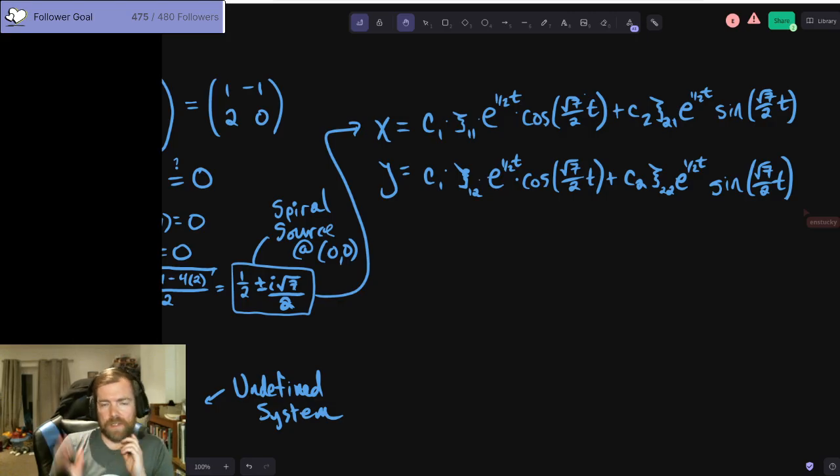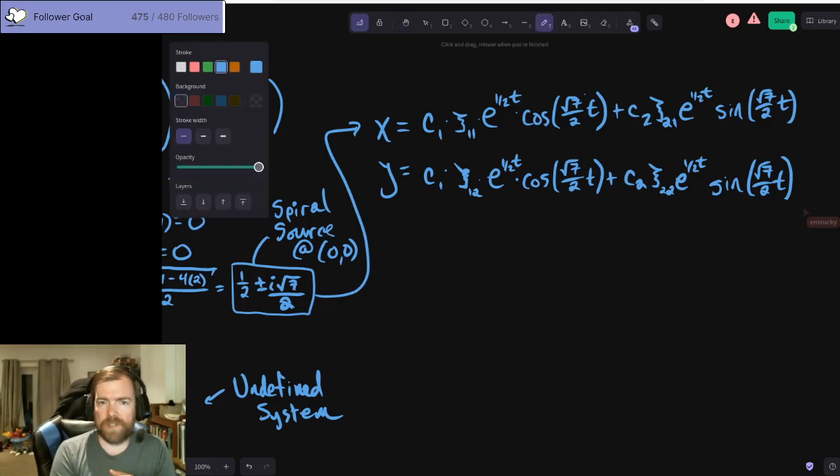Right, so this is the approximate solution, our linearized solution around 0, 0.